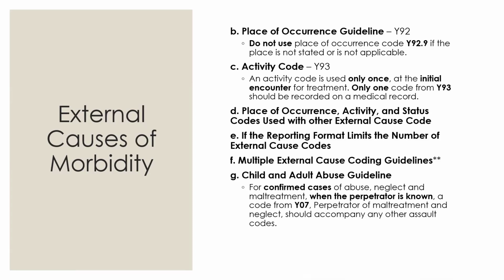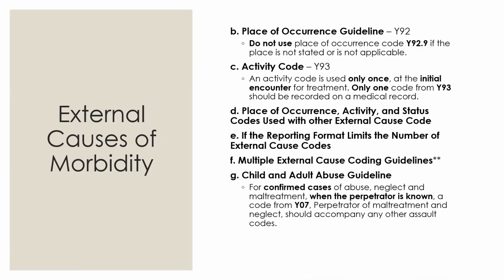External cause codes for cataclysmic events take priority over all other external cause codes except child and adult abuse and terrorism. External cause codes for transport accidents take priority over all other external cause codes except cataclysmic events, child and adult abuse, and terrorism.